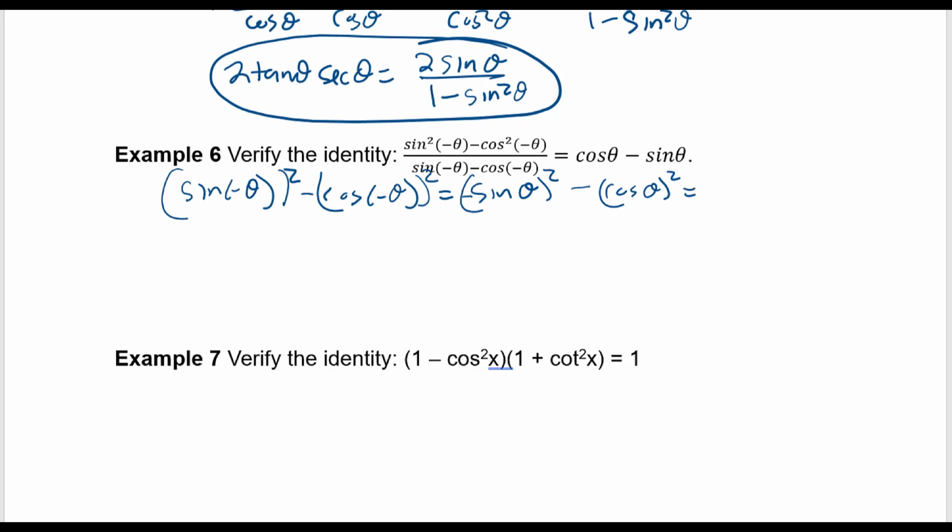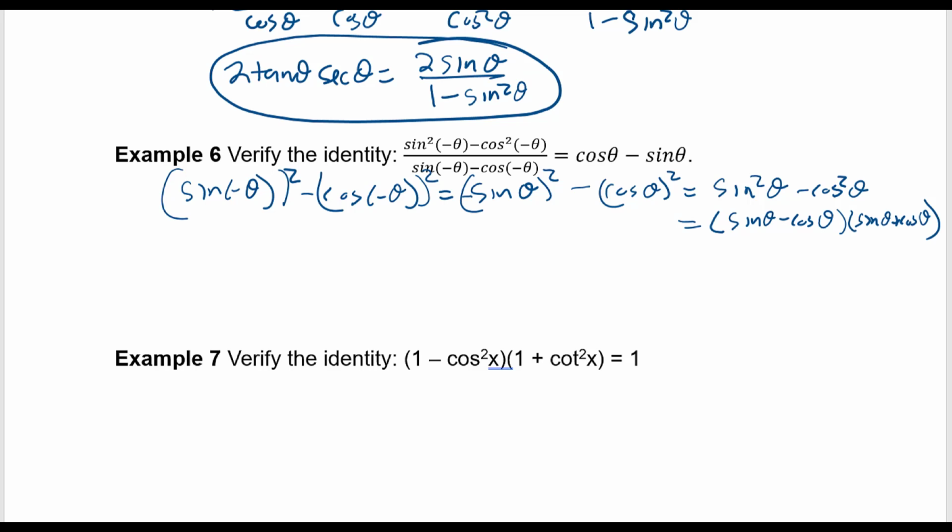So our numerator is going to become, and when we square this negative, it goes away, sine squared theta minus cosine squared theta. And that's the difference of squares, so that would be like saying sine theta minus cosine theta times sine theta plus cosine theta. Okay, so let's bring it back to the denominator.